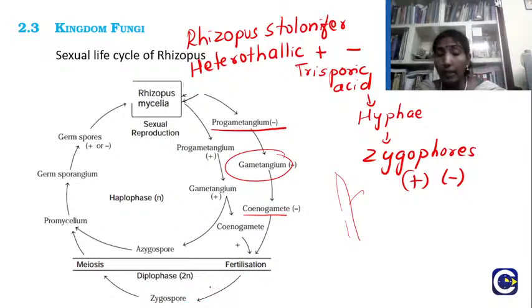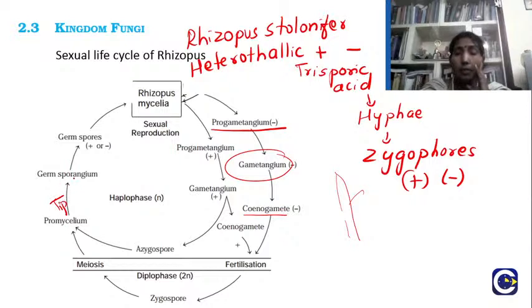The next concept to understand is that the wall of the zygospore breaks. Then it undergoes meiosis and produces the promycelium. The promycelium is what comes out when the wall breaks. Next comes the germ mycelium, which develops at the tip of the promycelium.